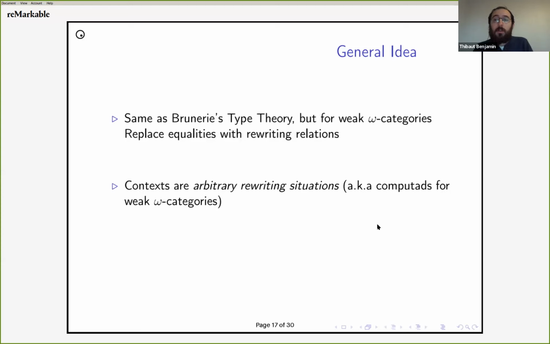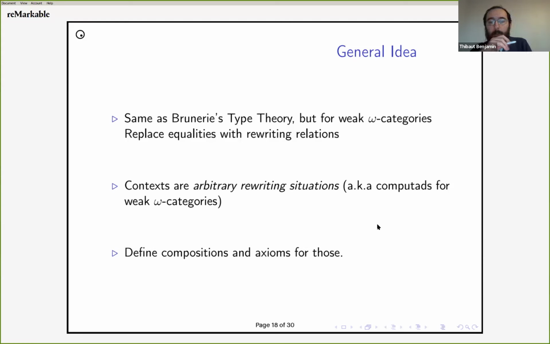So now, exactly like in the case of Brunerie's type theory, the contexts are arbitrary rewriting situations. So the technical term, again, is computads for weak omega categories. I'll talk a bit about that at the end of the talk.